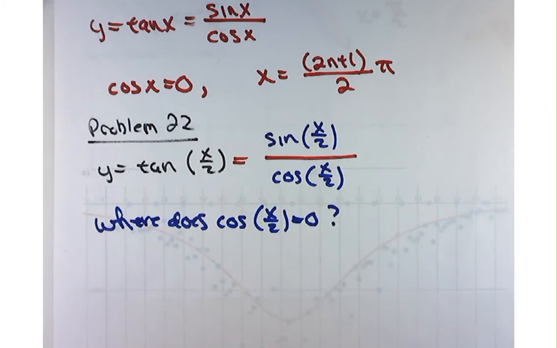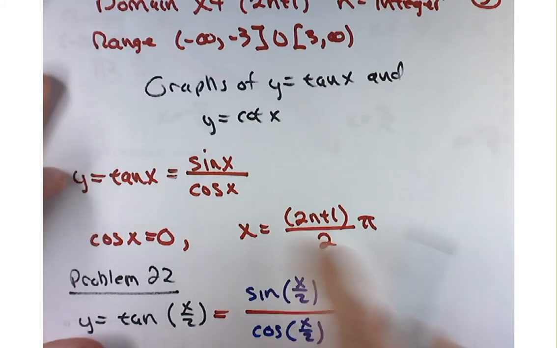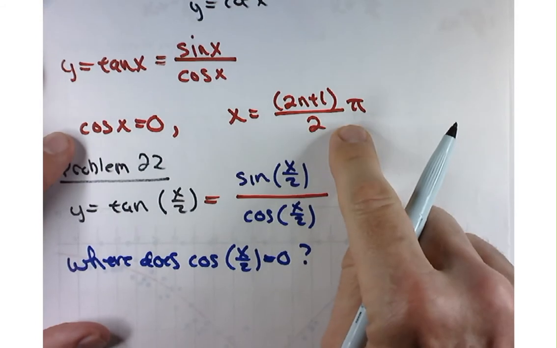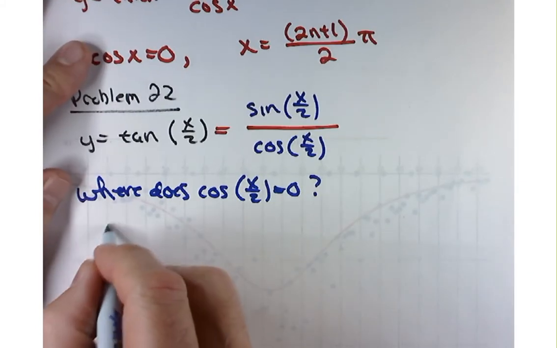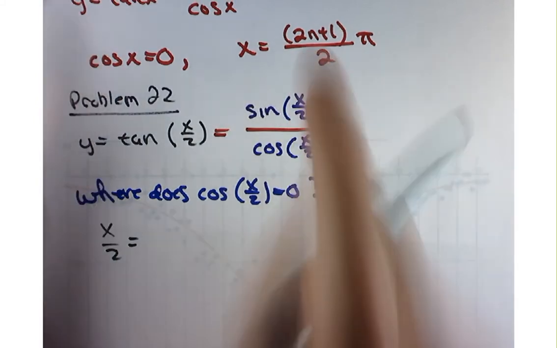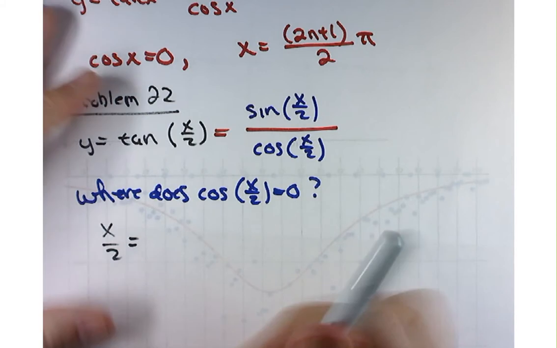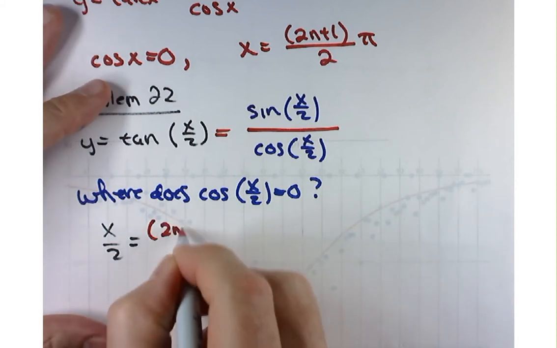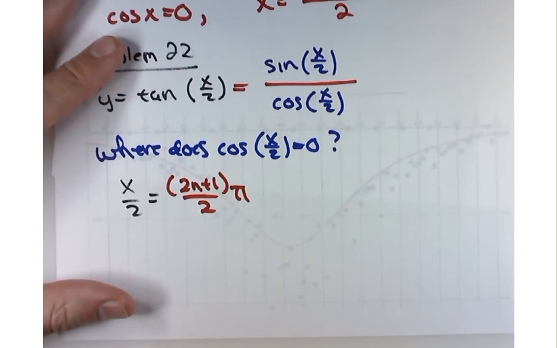Well, that's a good question. Let's see if we can find out. We know where cosine of x equals 0. Cosine of x equals 0 right here. So basically I want to know where does x over 2 equal (2n plus 1) over 2 times pi. I got to solve this for x.